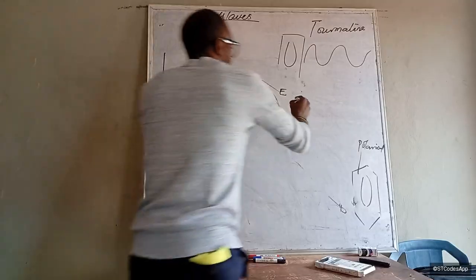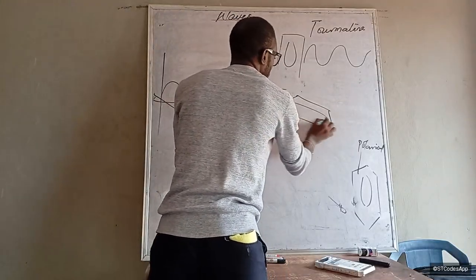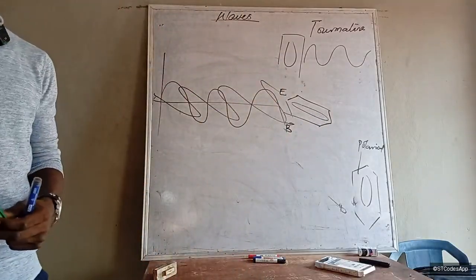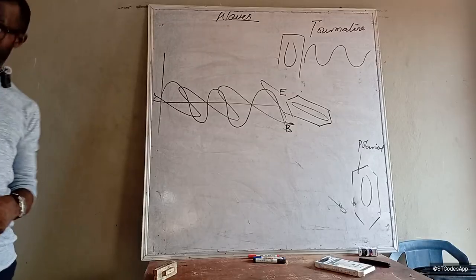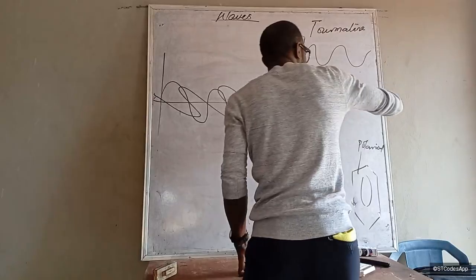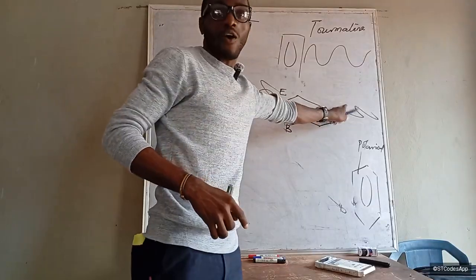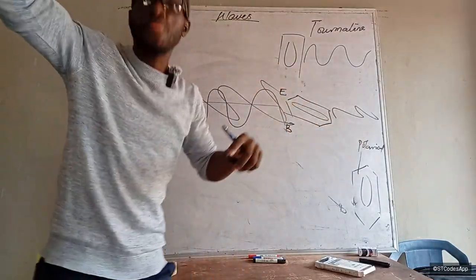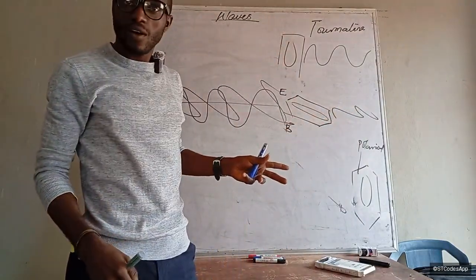So for example, I use a Polaroid in this orientation. Which wave will make it through? E field or B field? E field, right? So the E field makes it out like this. So this is the one I can now cause to interfere with another one that has been polarized too, with the same orientation. Do you understand now?